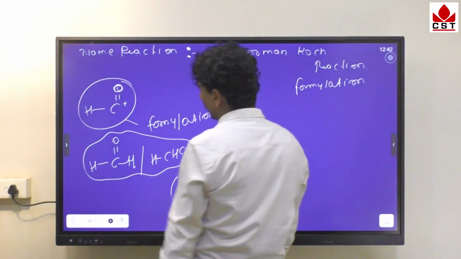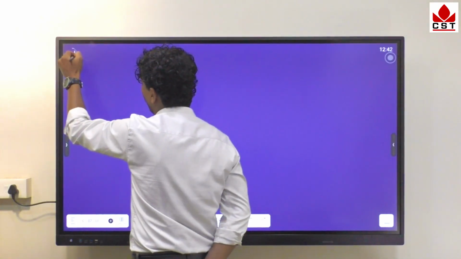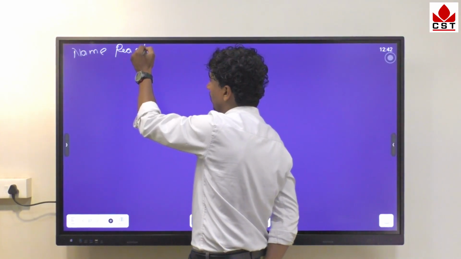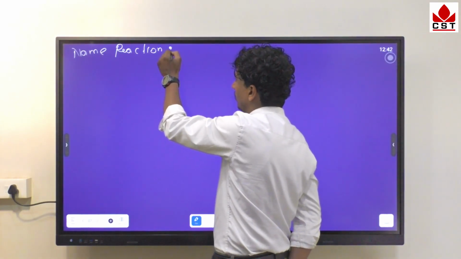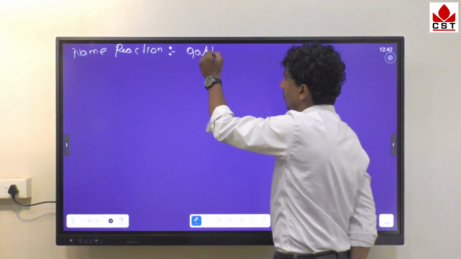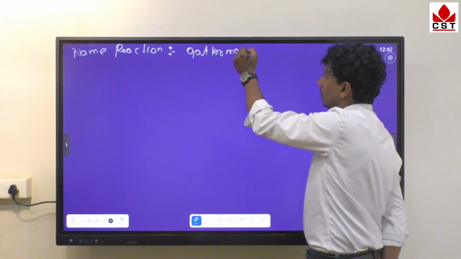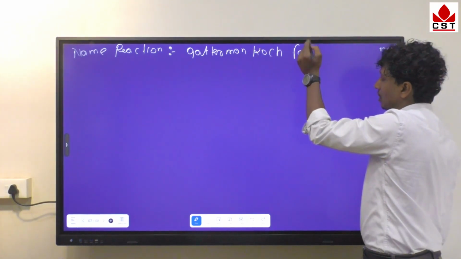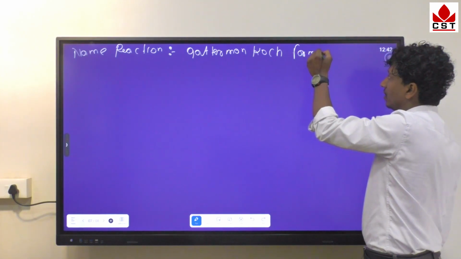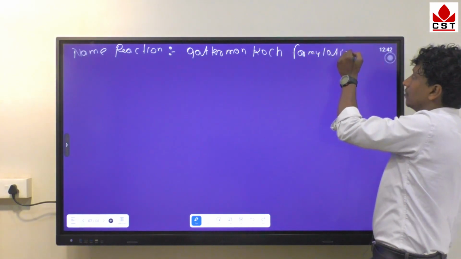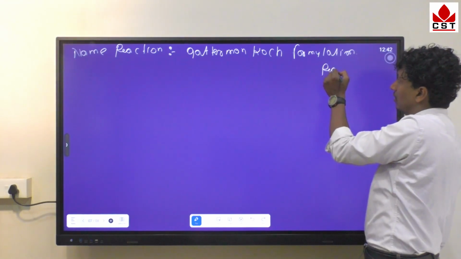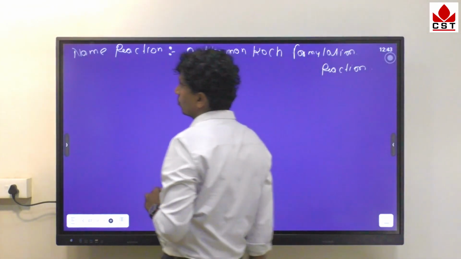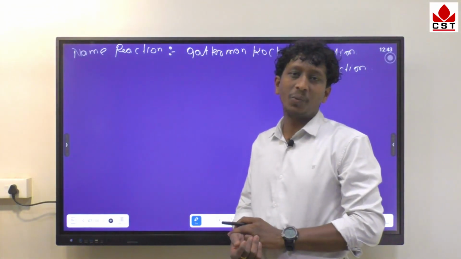Now, how do we carry out such a reaction? The name reaction is the Gattermann-Koch formylation reaction. How to introduce the formyl group into the benzene ring?